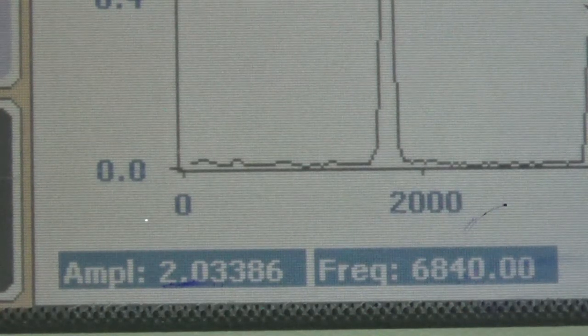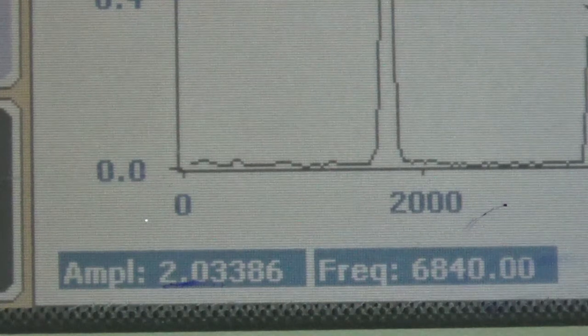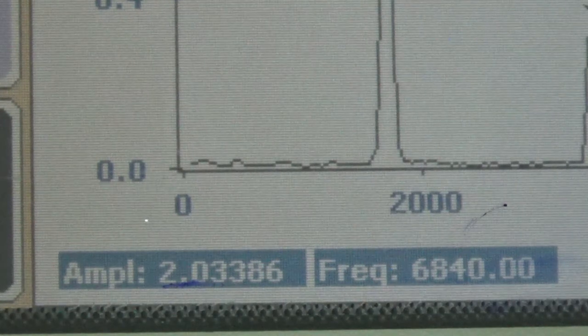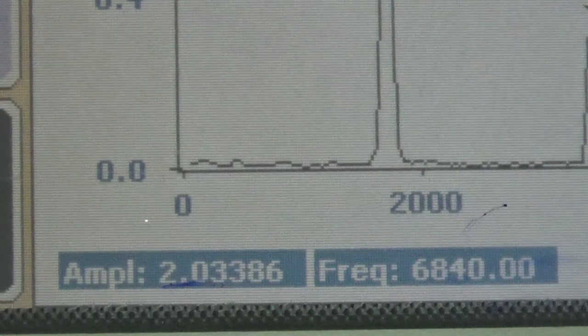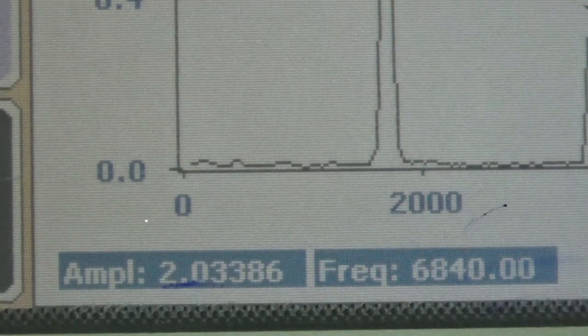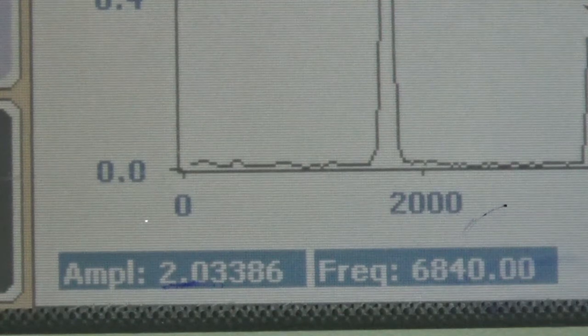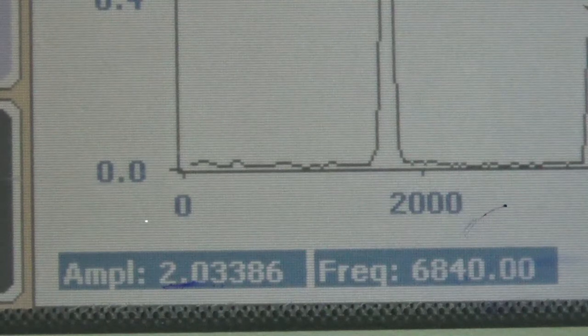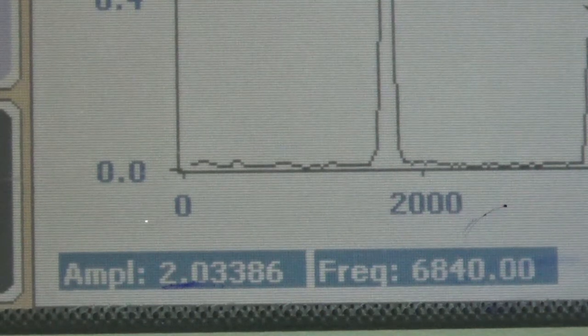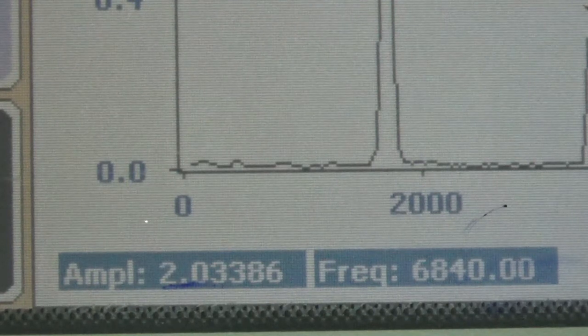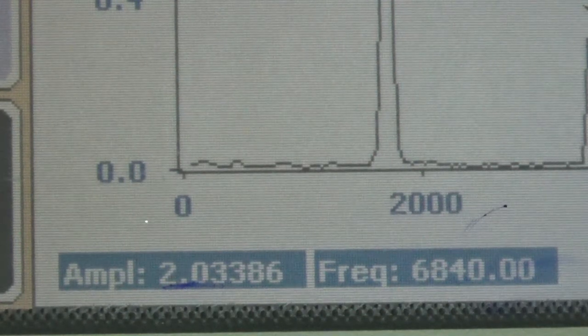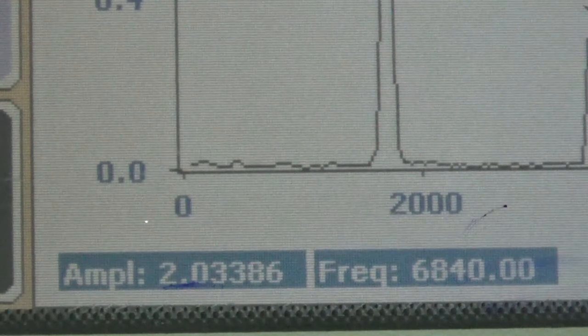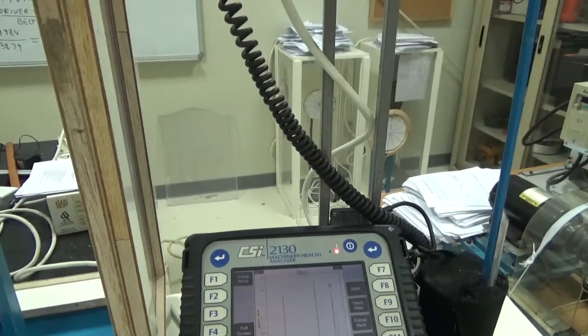It is only telling us about the type of problem. But to know how much is the problem, with how much force the cover plate is touching the blades, we have to see amplitude. This amplitude we will see at blade pass frequency. Okay, so this was another experiment.